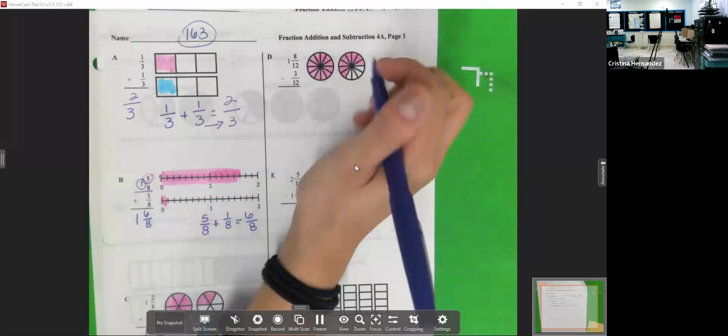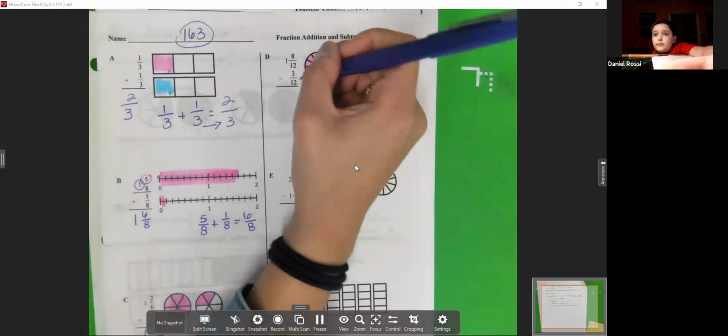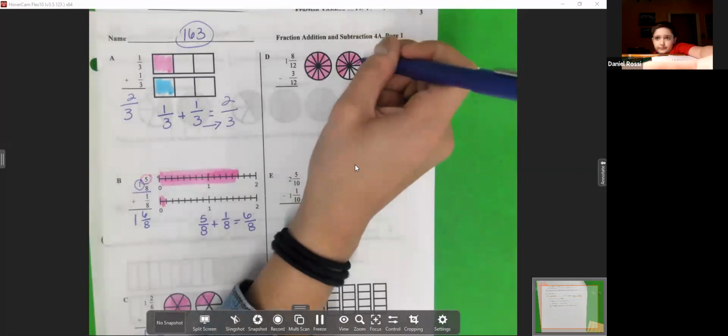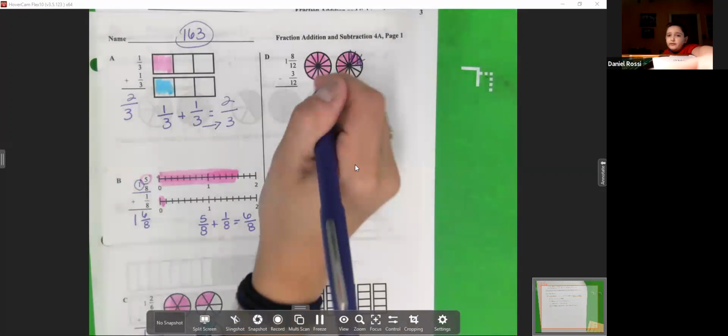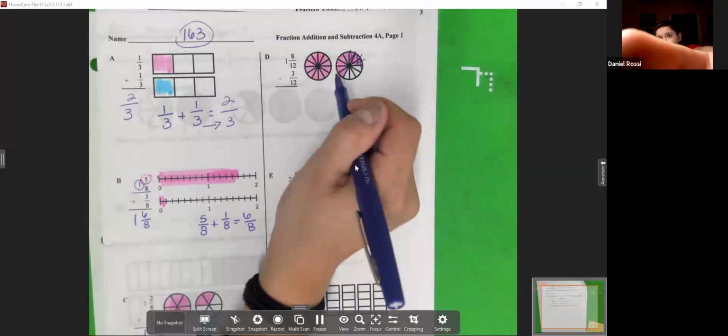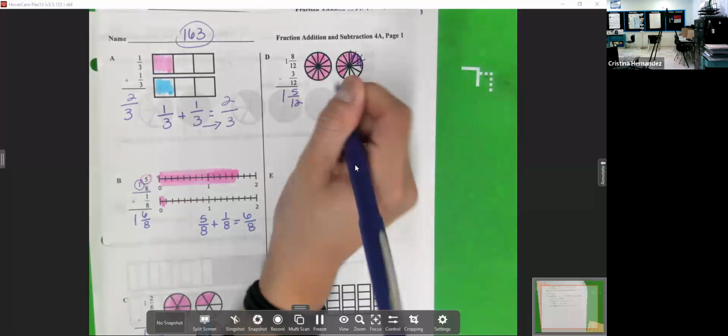Okay, so Daniel, we're taking away how many? We are taking away 3/12. What are we left with? We are left with 5/12. I mean 1 and 5/12. So you can do the same thing with subtracting.